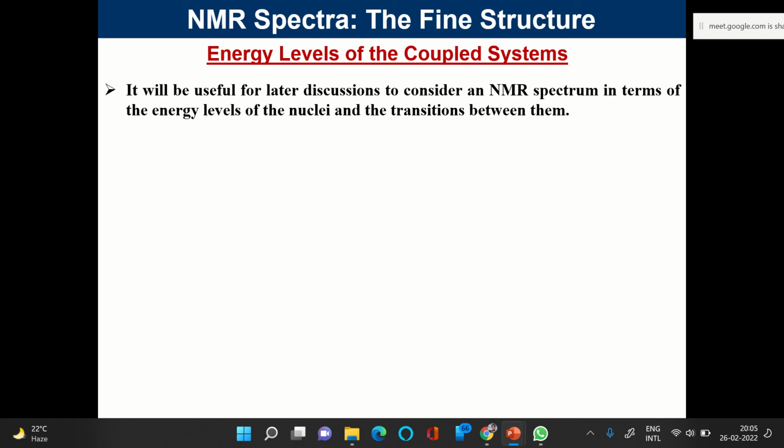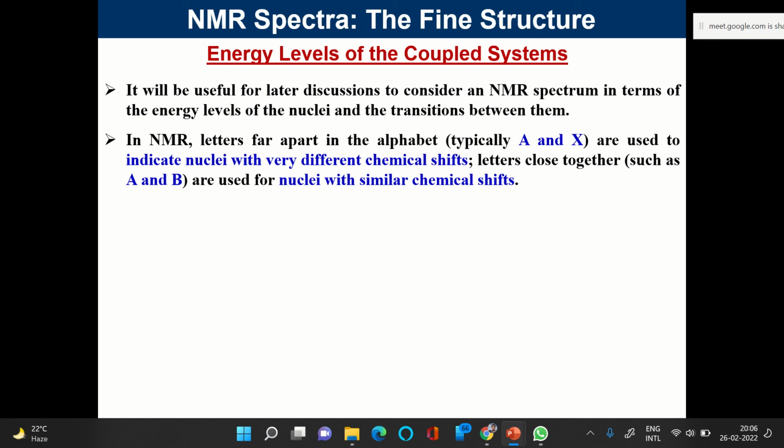So usually when we talk about coupling of two nuclear spins in NMR, at two different ends of the spectrum, an alphabetical pattern is used. Suppose two interacting nuclei have very different chemical shift values.